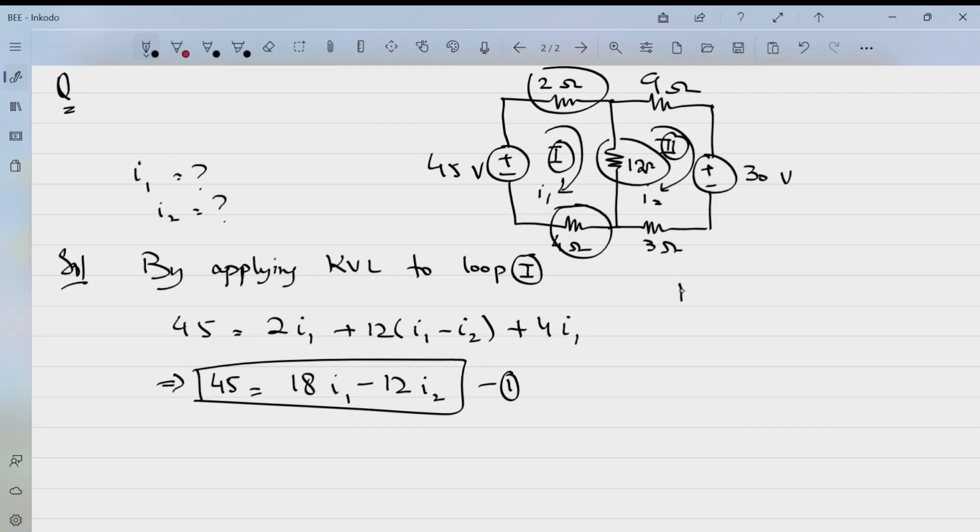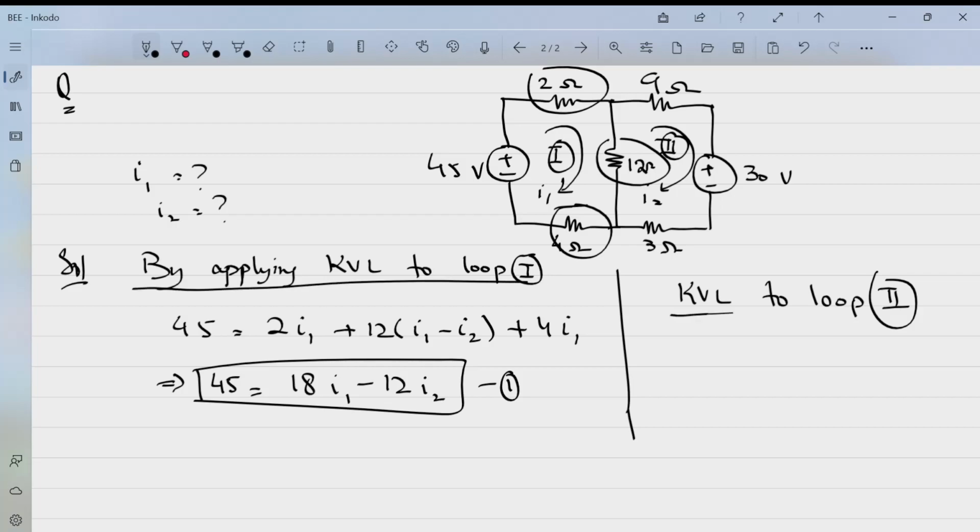By applying KVL to loop 2, in the direction of current, the voltage drop is, first of all, starting from here, 9I2, fine.